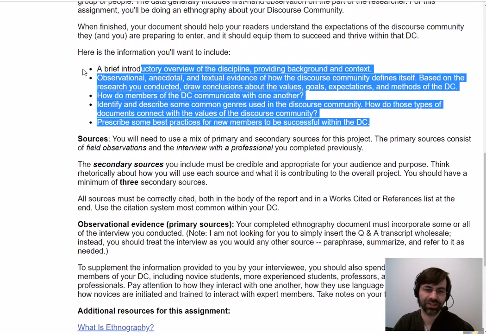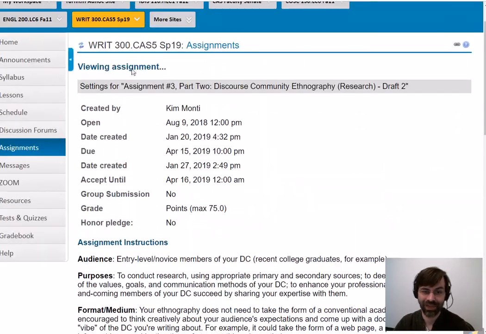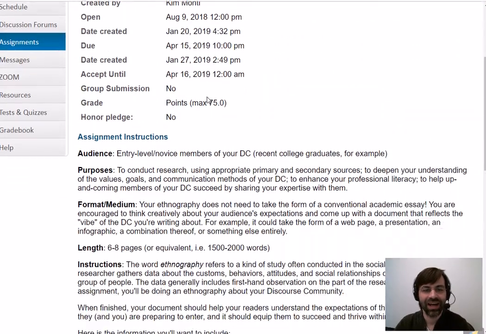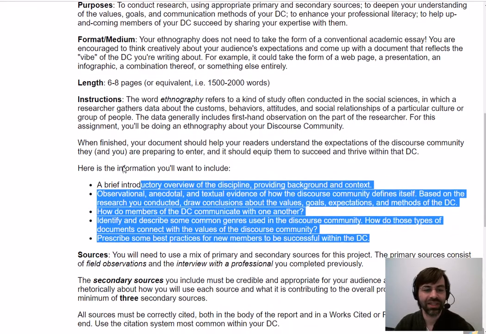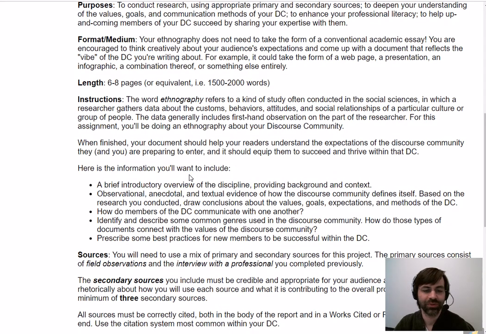So, speaking of the assignment though, let's take a look. If I look over here at the assignment, I am looking at the current assignment, I've highlighted part here, the information you want to include. In a sense, this is part of the list of information needs you could think of, right? You're looking to include an overview of the discipline that provides background and context, textual evidence of how the community defines itself, which could include values, goals, expectations, right?